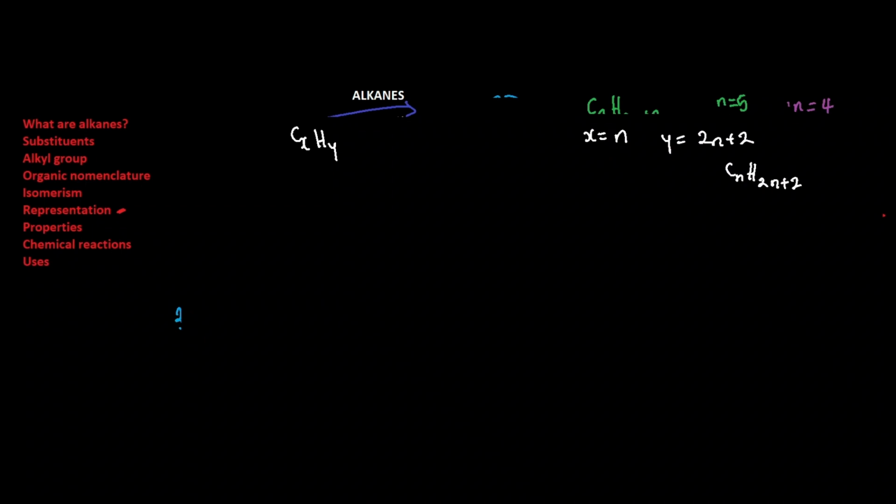By comparison, x is n and y is 2n plus 2, but we would rather make use of this. Given this to be the general formula for the alkane, it reacts with oxygen to produce carbon dioxide and water vapor. Now, what we are about to derive is an expression that would give us a balanced equation for any given hydrocarbon.